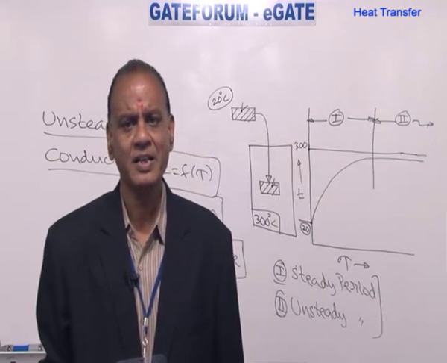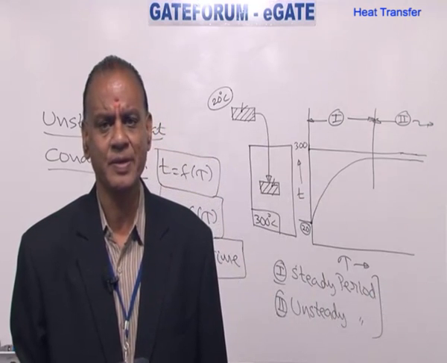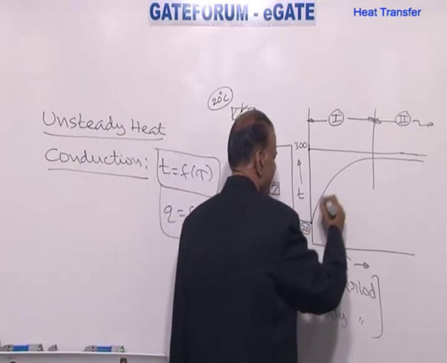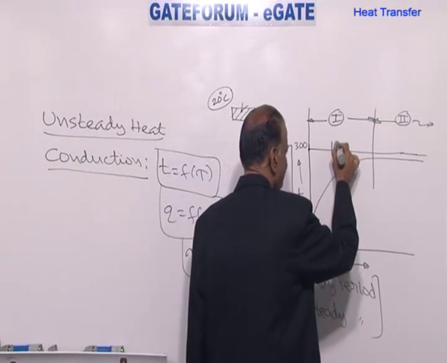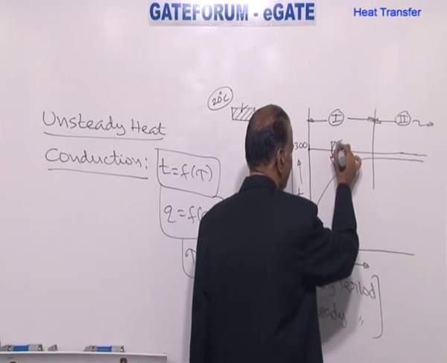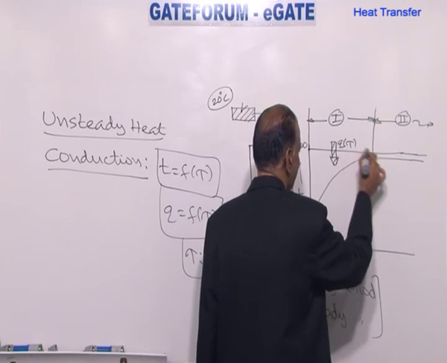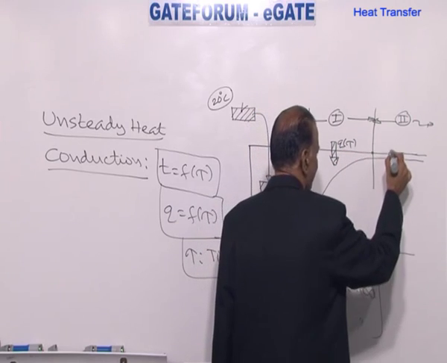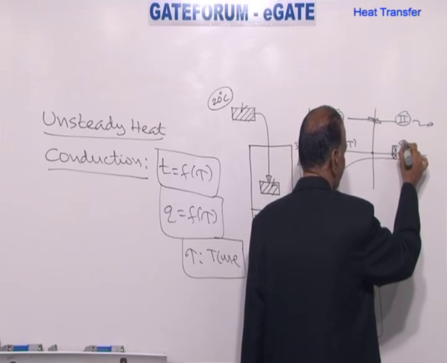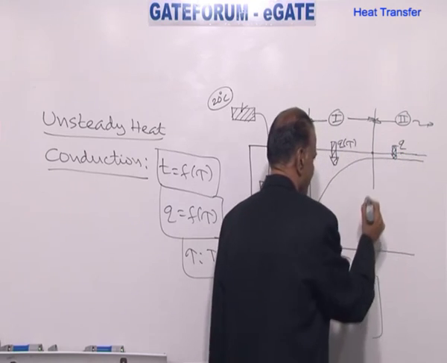Zone 1 represents steady period and zone 2 represents unsteady period. You can see that here the temperature is changing very quickly with respect to time. As a result, the heat transfer rate from the furnace to the metallic piece will be a function of time in this particular zone. Whereas in the second zone, the heat transfer rate remains the same, independent of time.